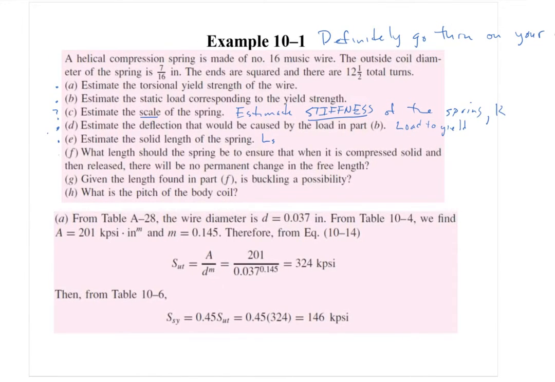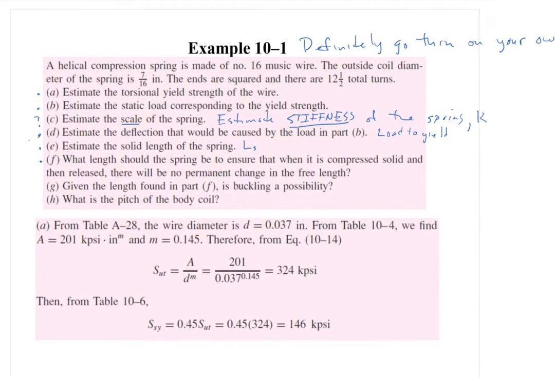That's a fairly complicated thing to ask. You would have to calculate what the initial length and solid length would be and what that deflection is, and keep that deflection less than the deflection corresponding to part D, the deflection that would cause yielding.